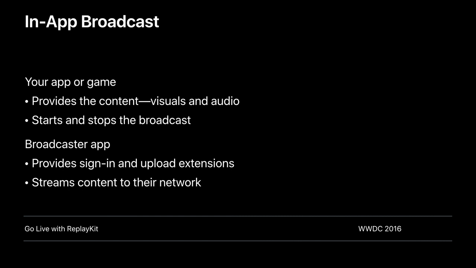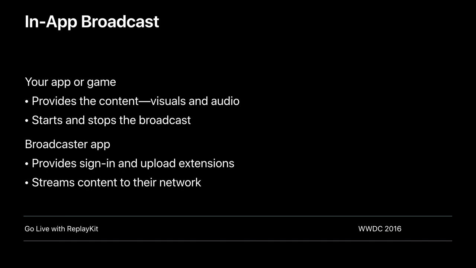Just to talk about the in-app broadcast in the beginning. In the in-app broadcast, this is your app or your game that is providing the content that is captured live as you play a game. And your game is calling the ReplayKit API to start and stop the broadcast.